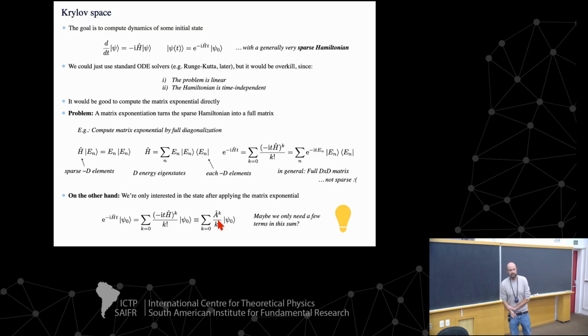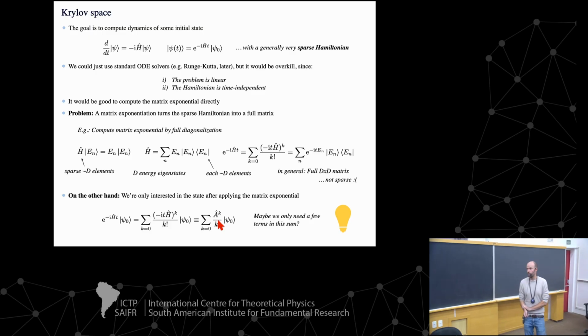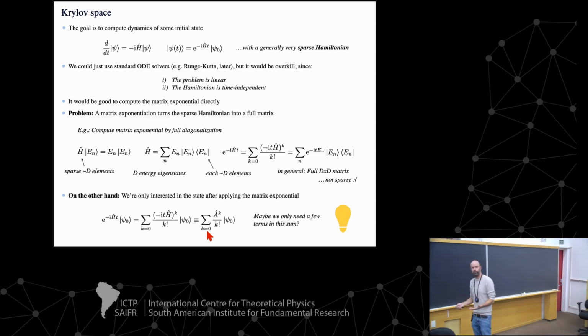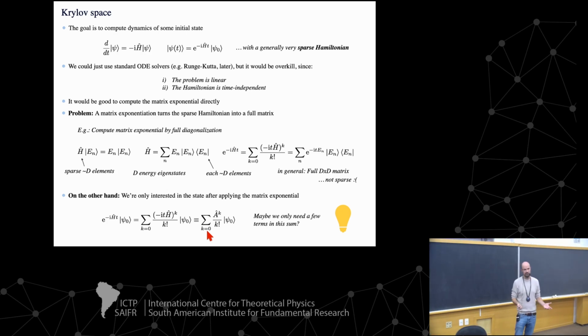The obvious idea is that maybe, to do that evolution from some initial state, we don't have to sum over all of the eigenstates of the Hilbert space, but maybe we only need a few terms in this sum.